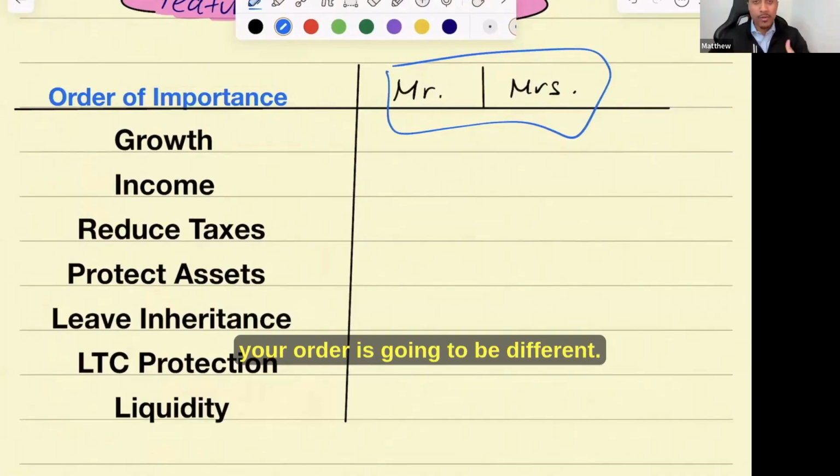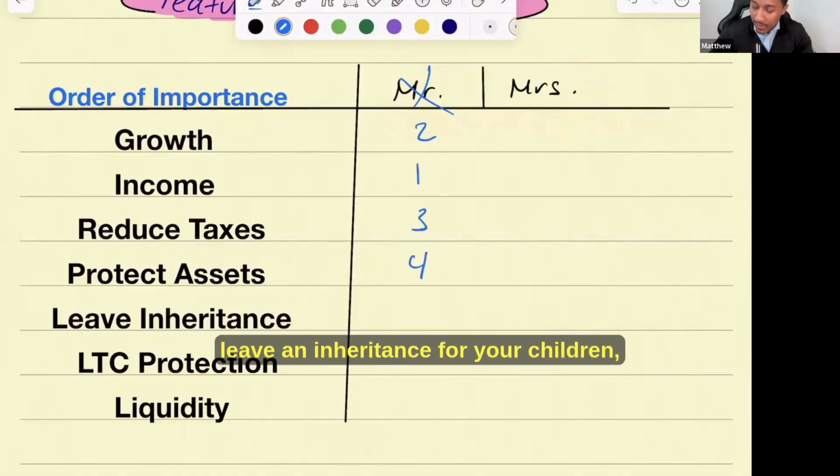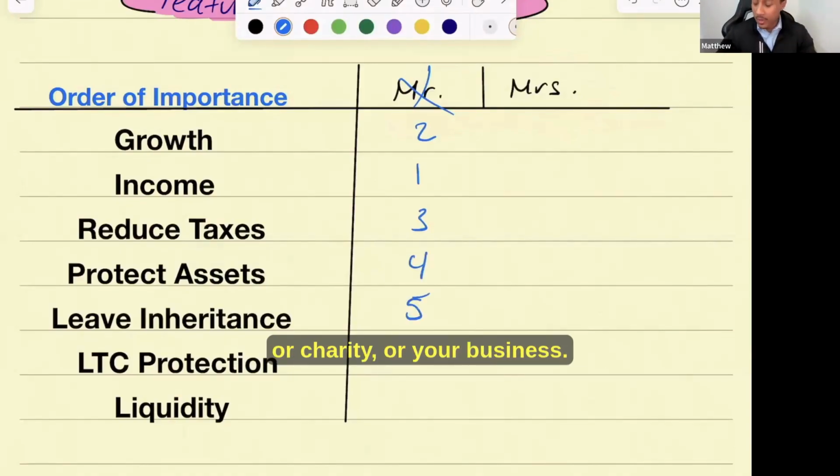Married couples, your orders may be different. And if you're single, you can just cross out that person or not include them. So let's say, is it income? Is growth secondary? Is it reducing taxes, number 3? Protect your assets, leave an inheritance for your children or charity or your business.